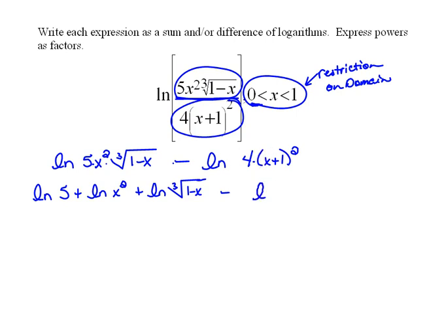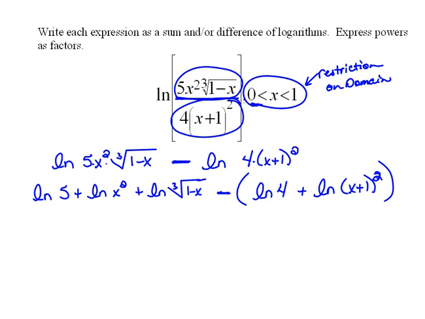That would be the natural log of 4 plus the natural log of x plus 1 squared. But now I'm subtracting off that entire thing. So I have to subtract off both of those. That literally means I have to distribute that negative. So don't forget about that. That should be a 2 there.